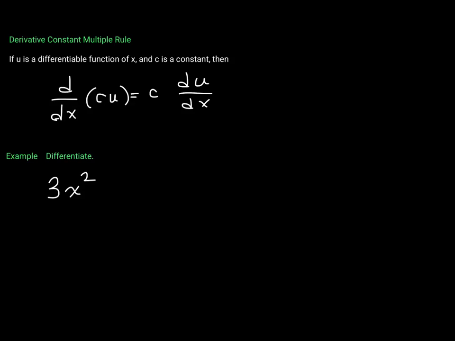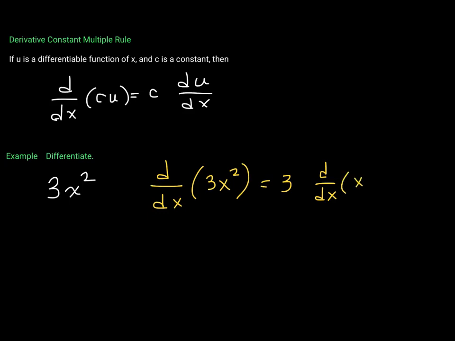So for example, if we're differentiating 3x squared, all this really means is that the derivative of 3x squared with respect to x, we're basically using two different rules here. This is equal to 3 times, and then the derivative of just x squared. Let me use some extra parentheses here.